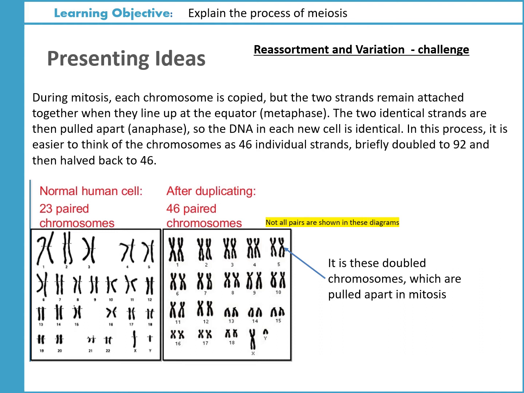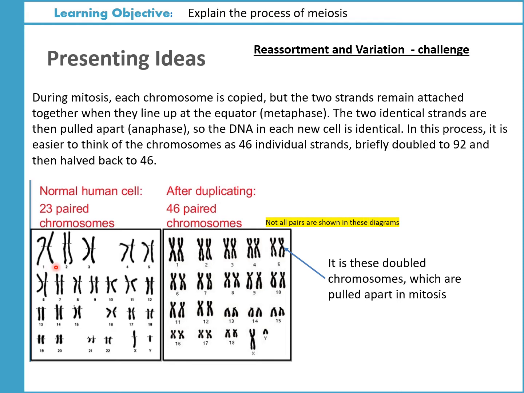So in a normal human cell, we will have 23 paired chromosomes. And the thing to remember, as I mentioned before, is that originally one of those chromosomes will have come from the mother of this person, and one of these chromosomes will have come from the father. The other thing to remember is that each chromosome 1 will hold a gene for a particular characteristic.